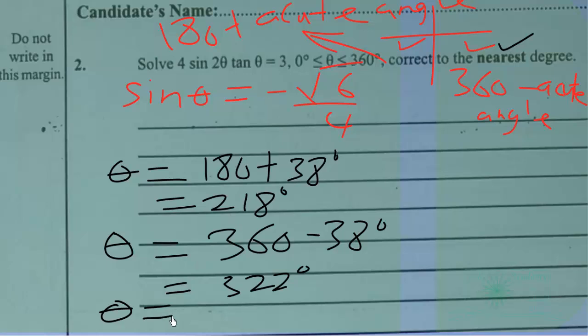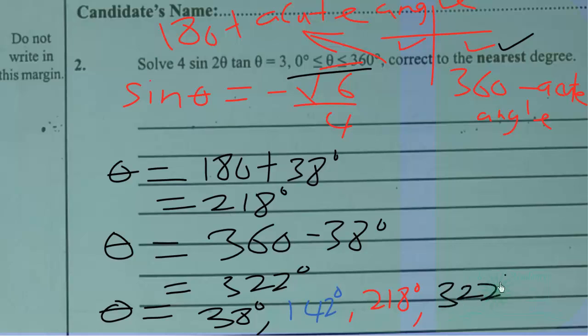Therefore, all the values of theta within this range are 38 degrees, then 142 degrees, then 218 degrees, then 322 degrees.